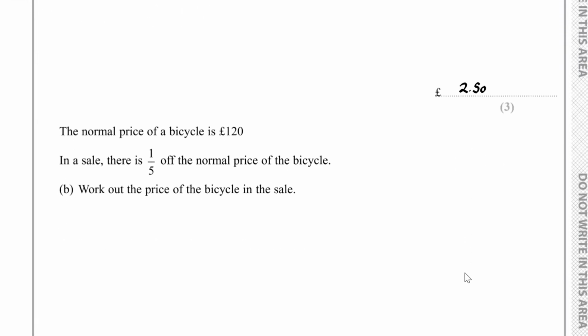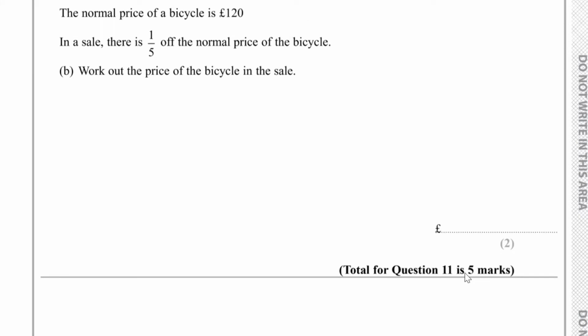And now for part B of the question, the normal price of a bicycle is £120. In a sale, there is 1/5 off the normal price of the bicycle. We have to work out the price of the bicycle in the sale. Well, if it's 1/5 off the normal price, the new price is 4/5 of this original amount.